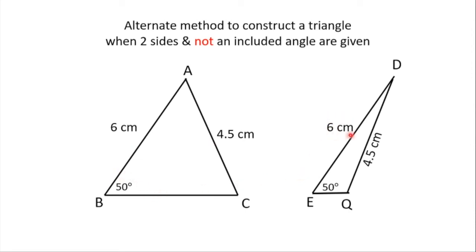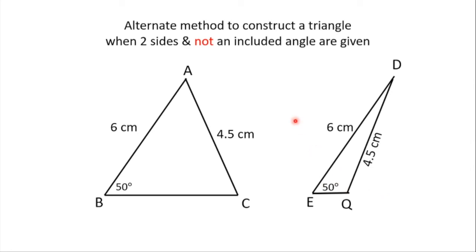Here also 6 centimeter, 4.5 centimeter and 50. So these are two triangles having the same measurements of two sides and an angle in them. But this is quite a small triangle and this is quite a big triangle. So we can construct like this using the properties of isosceles triangles.